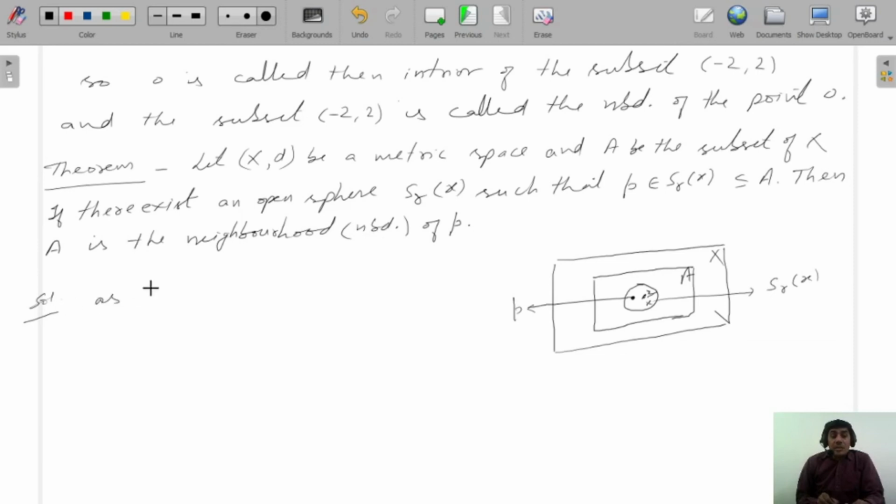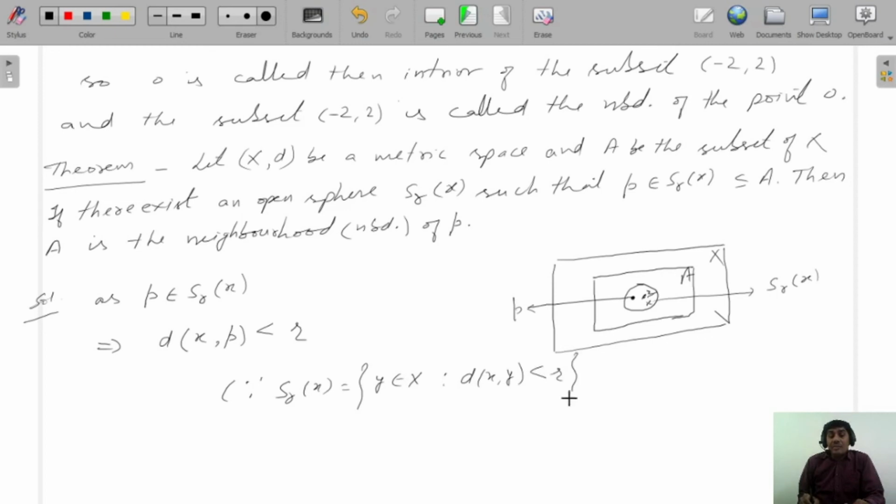As p belongs to the sphere centered at x with radius r, this implies distance between p and x is less than r, because the sphere centered at x with radius r is equal to the set of y belonging to capital X such that distance between x and y is less than r.